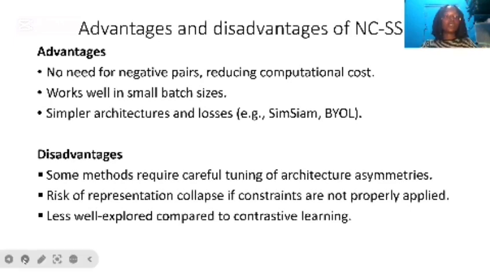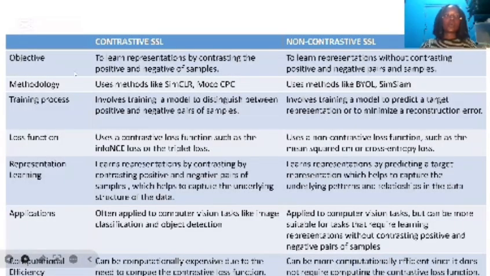So moving on, we are going to compare contrastive and non-contrastive self-supervised learning methods. So in regards to the objective, contrastive learning, like we said, learns representations by contrasting the positive and negative samples, while non-contrastive learns representations without contrasting positive and negative samples.